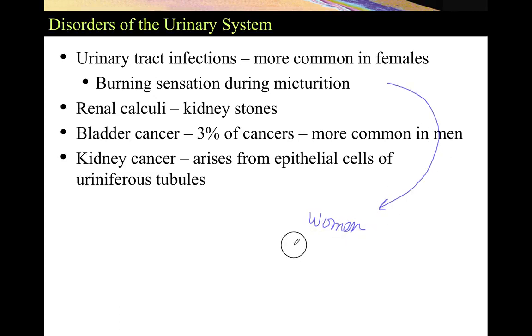The reason for that is, first of all, a short urethra, which means it's very easy for the bacteria to find their way up the urethra and get into the bladder to cause infection, versus passing through the urethra in males, which is about 20 centimeters. It's a much harder entrance point for bacteria.